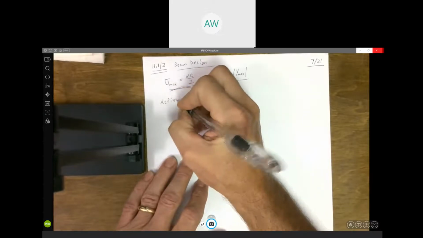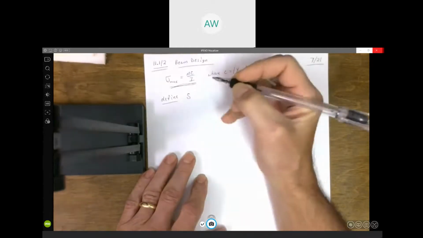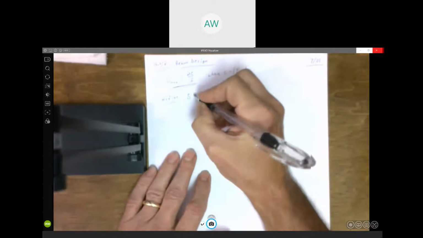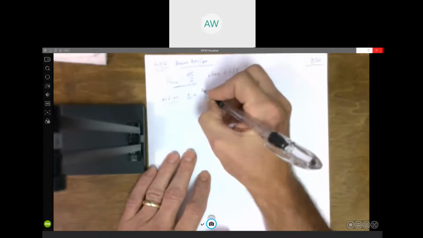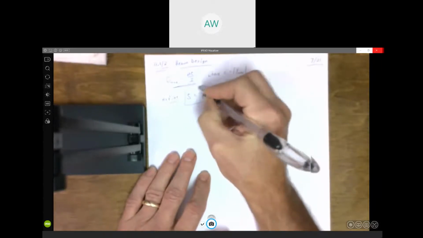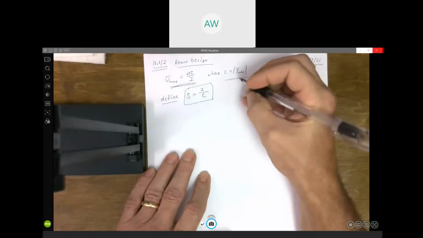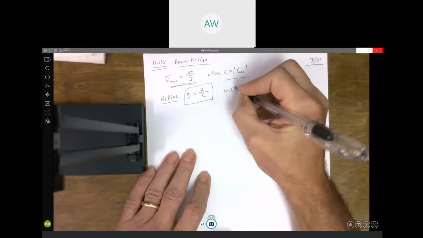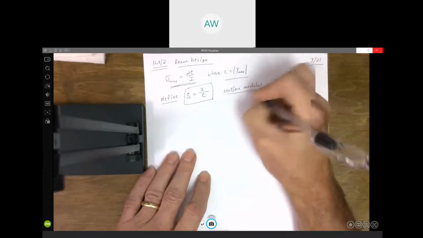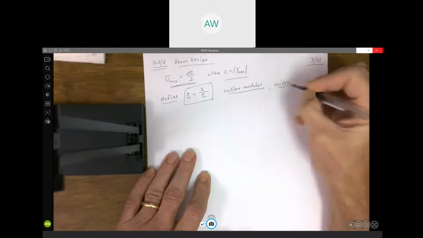But now I want to define a different term that we have not seen, at least not in this class to date anyway. We're going to define this thing, it's called the section modulus, and we're going to use capital S. We're going to define that to be the moment of inertia divided by c, c being the same thing up here, it's y max. And again, this is called the section modulus. Units should be pretty evident.